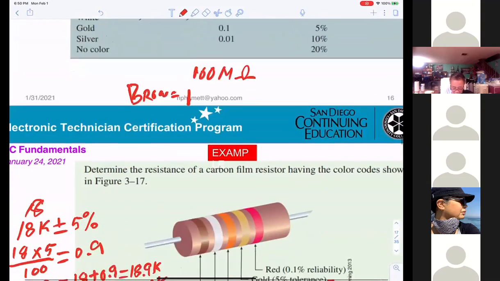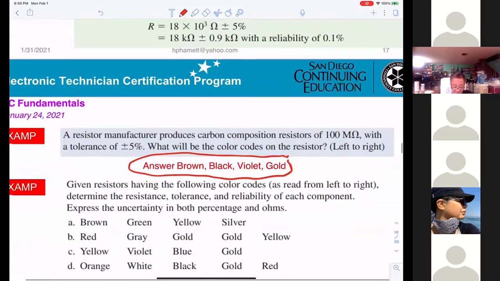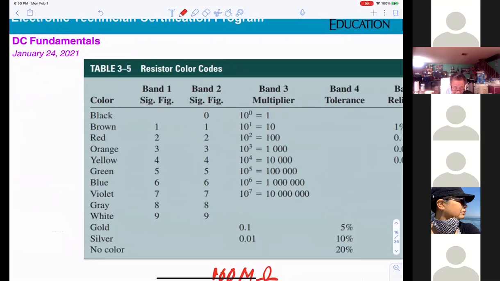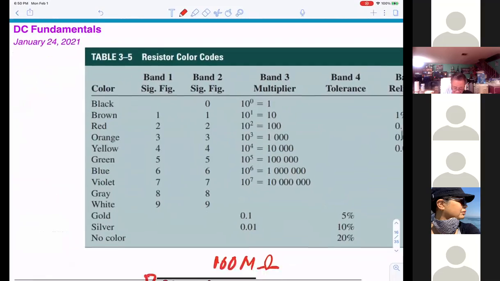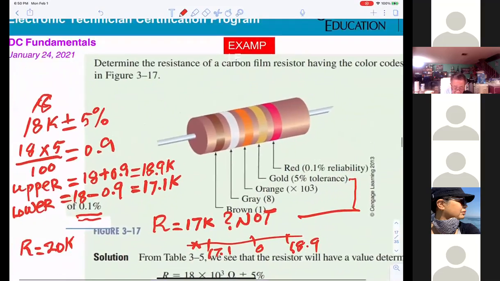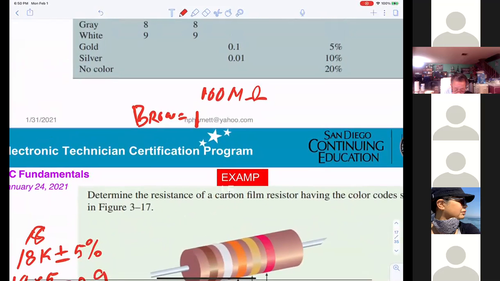Then the next will be the second one, black. Black 0. It will be 0, being 1, right? Violet. Violet 7.